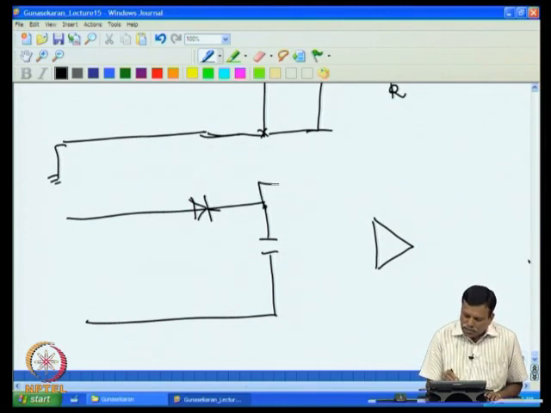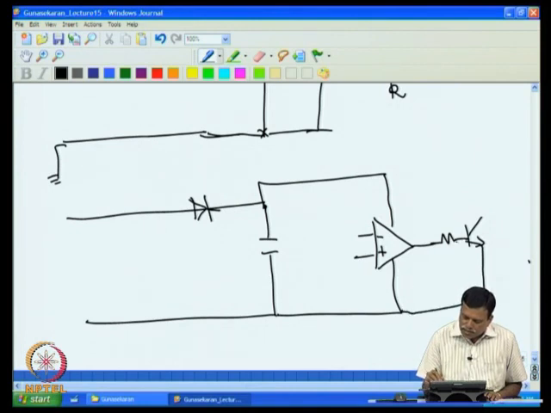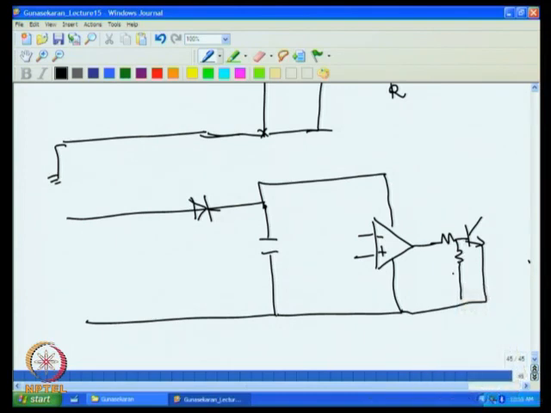So I power this operational amplifier using this. Then I take the output of the operational amplifier; you have the two inputs. Now the output of the operational amplifier I connect to a transistor, which is again connected to this. It is biased using these two resistors. I will explain more about this shortly.